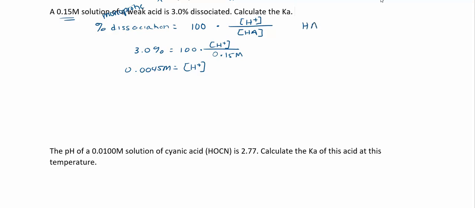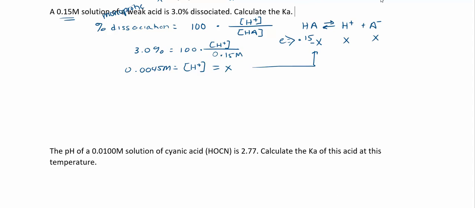So we have our weak acid, and that will dissociate into our hydrogen and conjugate base. We know we have some initial value. We know it's going to change by some value x that we don't know, and that these will be the equilibrium values. Well, now we know the concentration of the hydrogen ion. So this is actually the x, the change that we're going to note here.